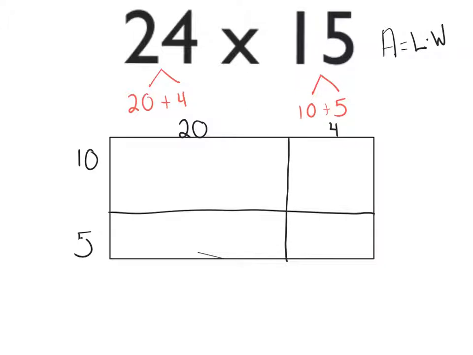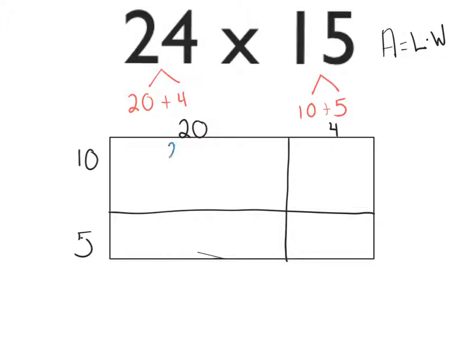So next thing you're going to do to fill out each of these is you match up the numbers. So for example, this box belongs to 20 and 10 because they're connected to this one. This box will be 20 and 5. This box will be 4 for this length and 10 for this length. And this box will be 4 and 5. And I'm actually going to write all these in here to help you see.